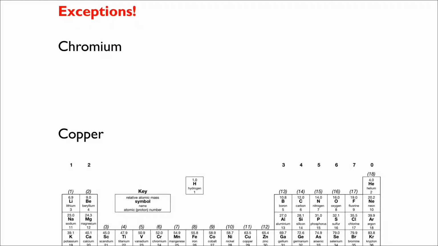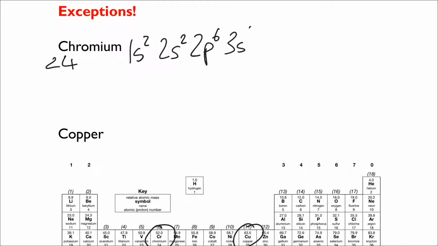Okay, so there are some exceptions. It's chemistry, there's always going to be some exceptions. The exceptions to the general rules are chromium and copper. Chromium has 24 electrons, so the electrons are arranged 1s2, 2s2, 2p6, 3s2, 3p6, 4s2, 3d4, which is how you would think it would be, and that would make a lot of sense.